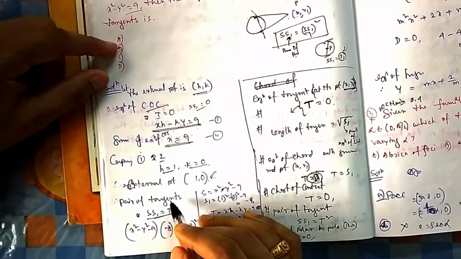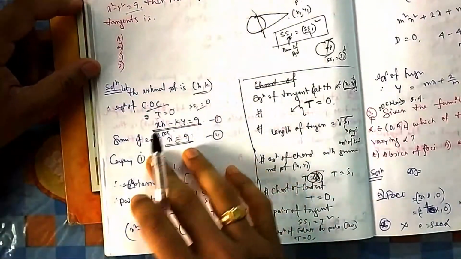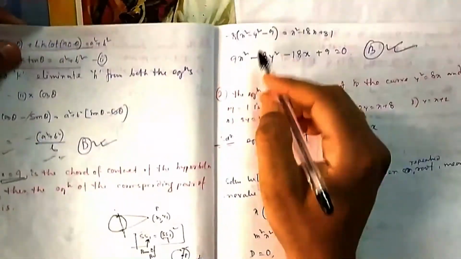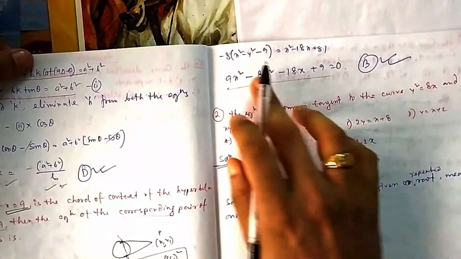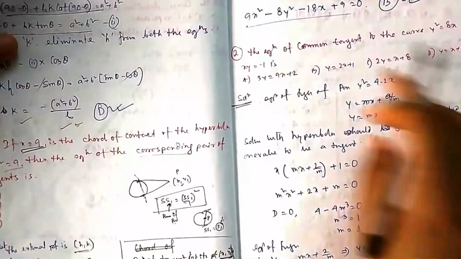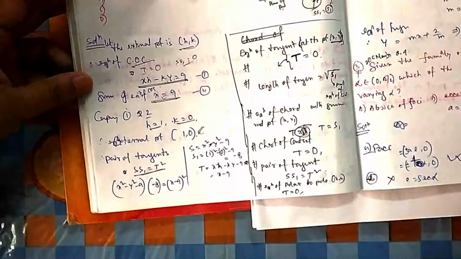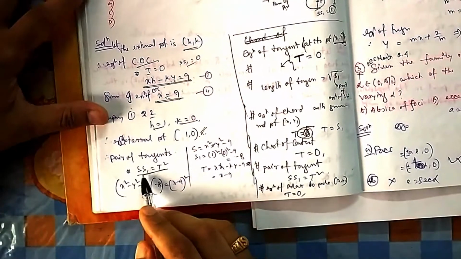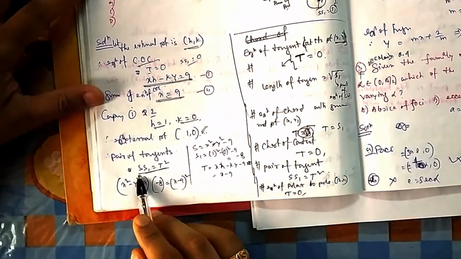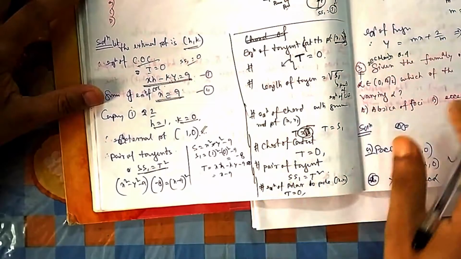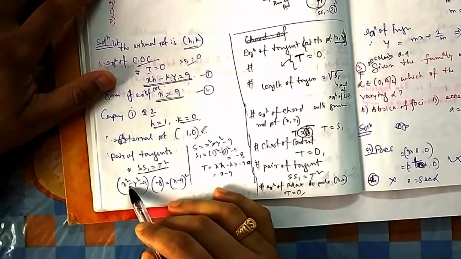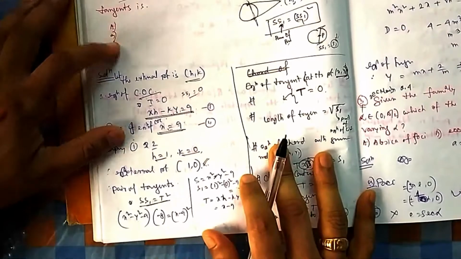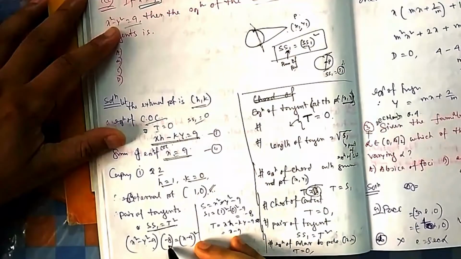This is the pair of tangents, because they ask for the equation of the pair of tangents. That means your options are also all second degree equations, that is a pair of straight lines, because both the tangents should be in the same equation. So this is the formula, SS1 equal to T squared, where S is the original equation, that is x squared minus y squared minus a. And what is S1? S1 is the power of the point.